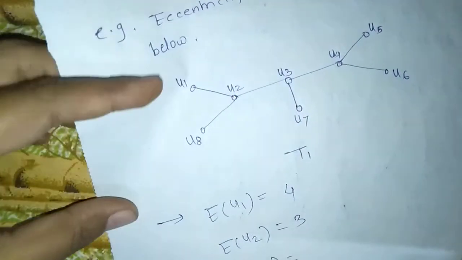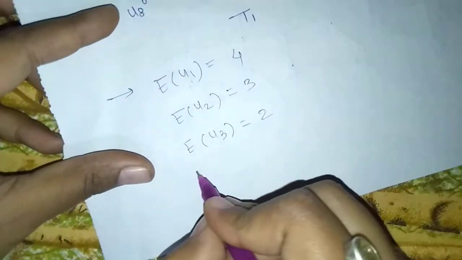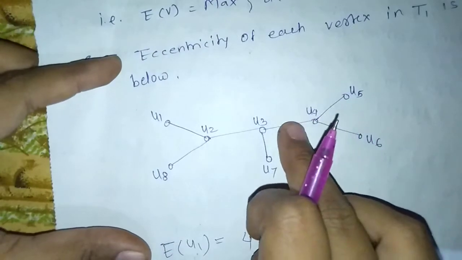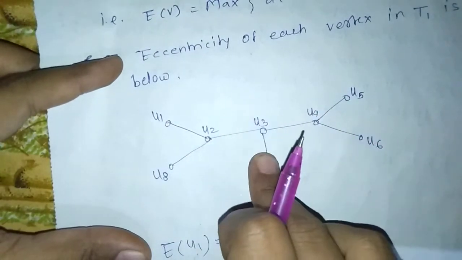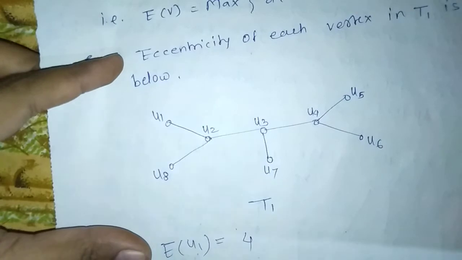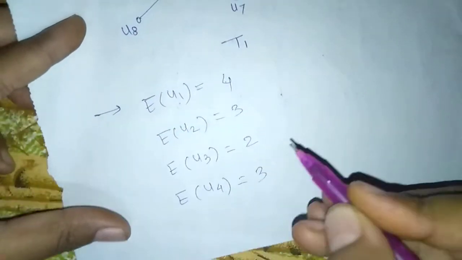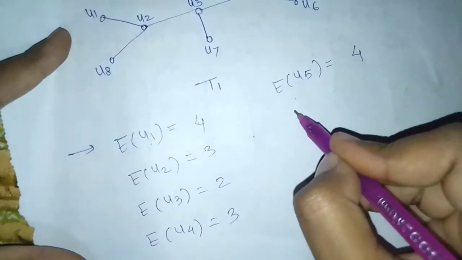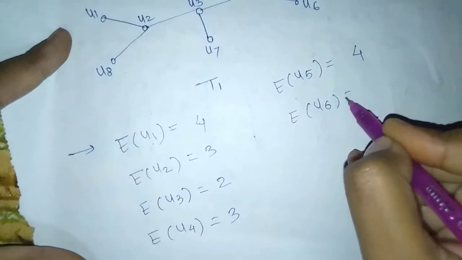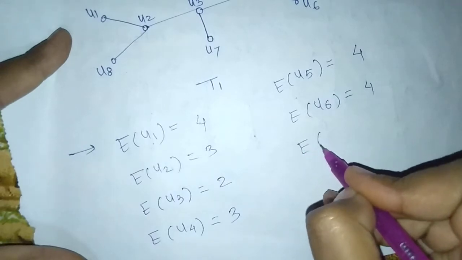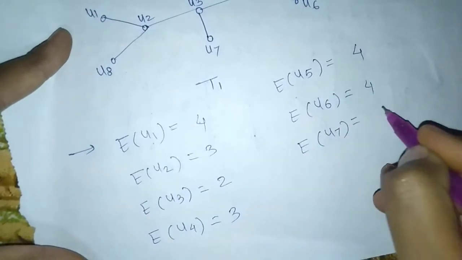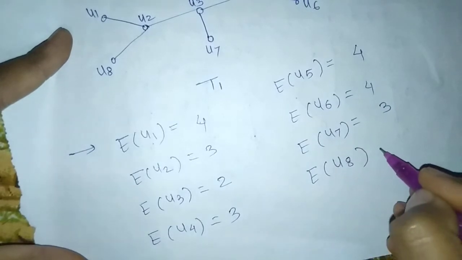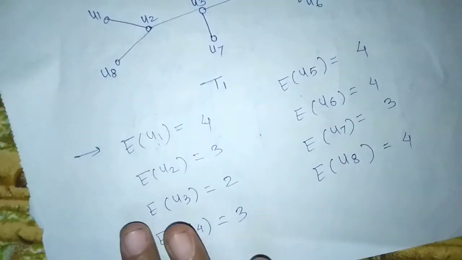So nothing but 2. Maximum 2 येते. Eccentricity of U4: 1 2 3 3 2 2 1 1. क्या आले maximum 3. Similarly eccentricity of U5 is equal to 4. Eccentricity of U6 is equal to 4. चेक करायचं आहे तुम्ही ते. Eccentricity of U7 is equal to 3. Eccentricity of U8 is equal to 4.